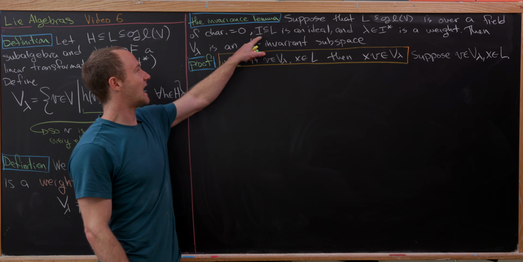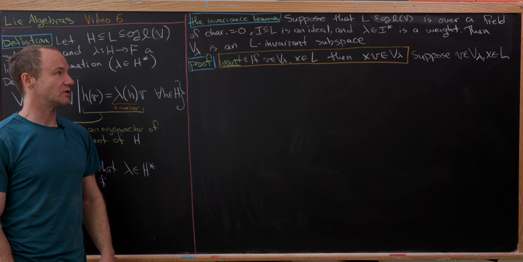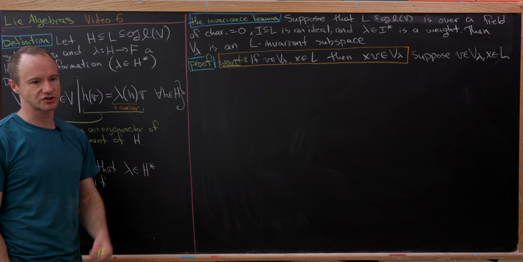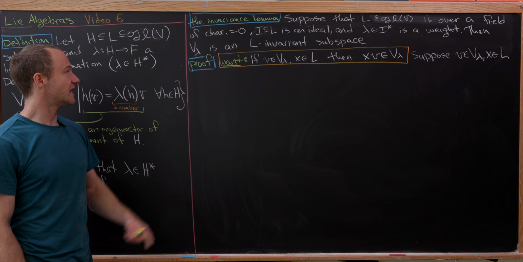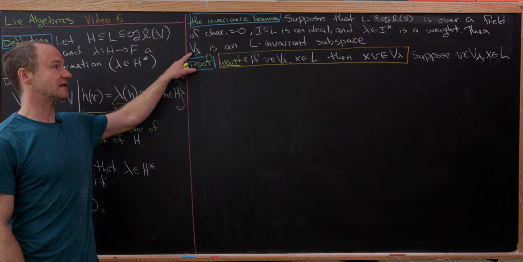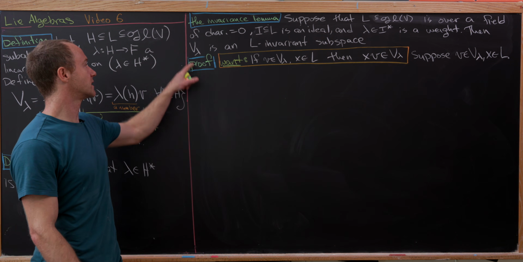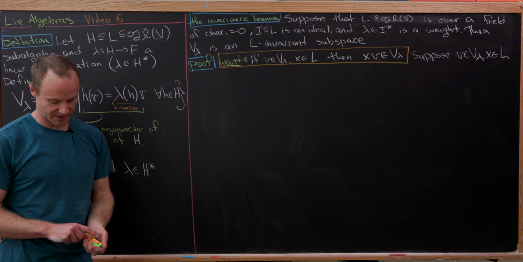We also have I, which is an ideal of L, and we have lambda, which is a weight, and lambda is an element of I star. So in other words, it's a linear transformation from I to the base field F. Then the weight space V lambda, which I guess we didn't call a weight space before, but that's the name for it, is a so-called L-invariant subspace.